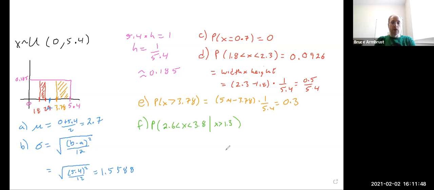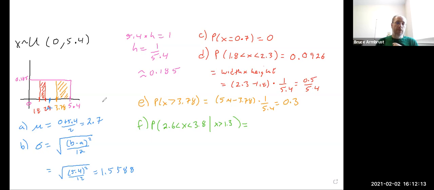So remember that vertical line, right? That vertical line right here is just saying that's a given, the next thing has already happened. So we already know that we've been standing on the shore watching for 1.3 seconds. So now the question is, what's the chance that it's going to happen somewhere in here?